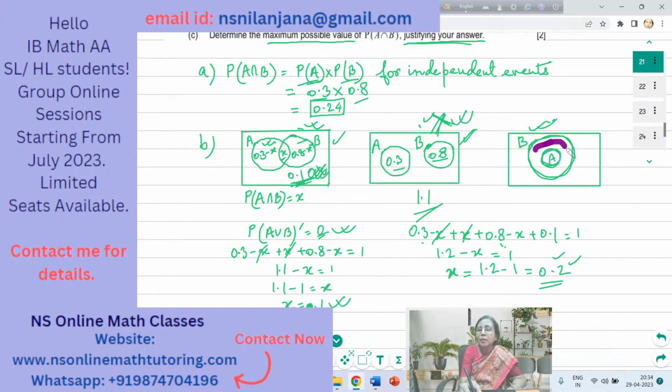So the probability of this region is 0.8 minus 0.3, which is 0.5. And this region is 0.3.